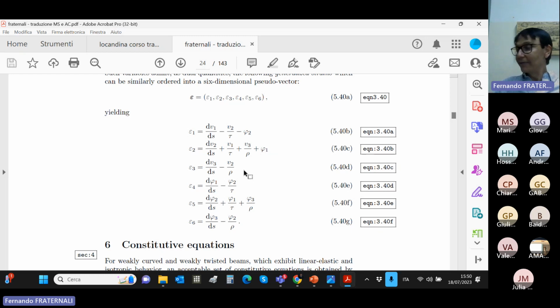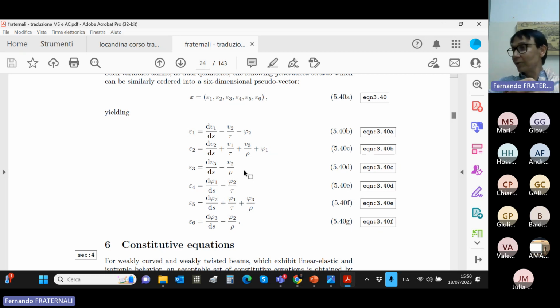If you divide the finite deformation process of a straight beam into steps, after the first one the axis line will be curved, because in a straight beam, if you apply a transverse load, the beam presents a deflection of the displacement field.